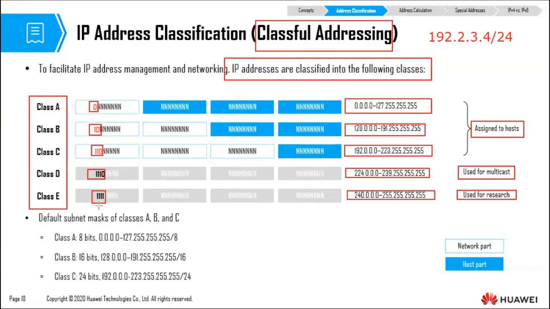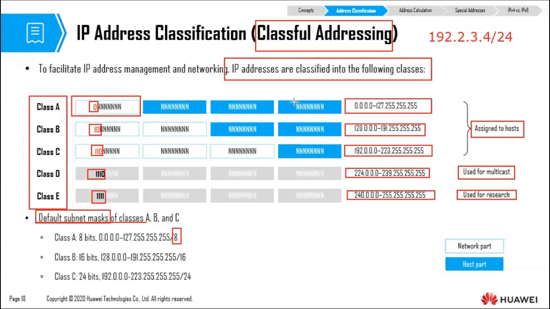Okay, now the other important concept that you really need to understand is the concept of default subnet mask. Please don't forget this. The default subnet mask for class A is /8, meaning only the first 8 bits represent the network.